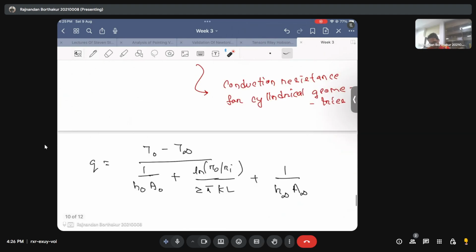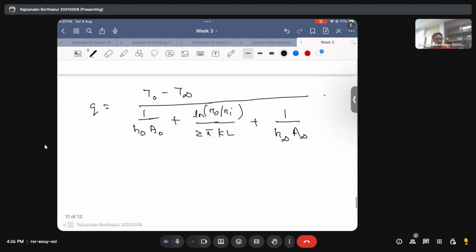So those are the two other resistances that come into the picture if you consider airflow and a hot liquid flowing at heat transfer coefficient H0, and a cooling air at the outer surface of the cylinder flowing at H infinity with temperature T infinity.